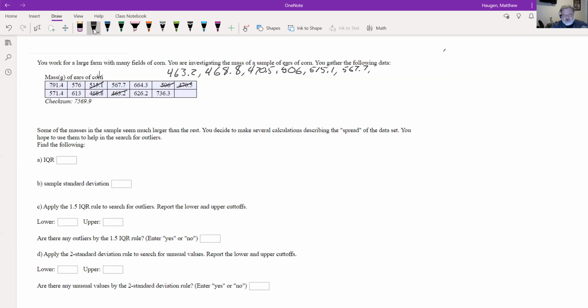So we've got the Q0, Q1, Q2, Q3, and Q4. So these are our outer quartiles. These are the inner quartiles. So it's essentially asking, how long is that box?